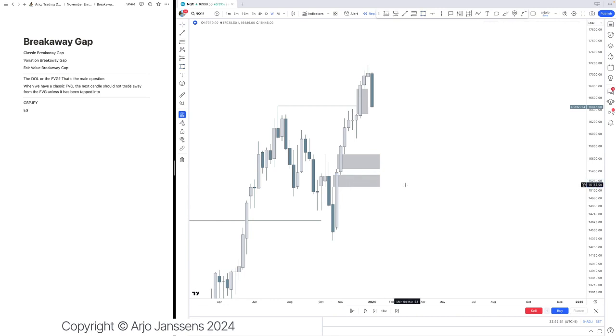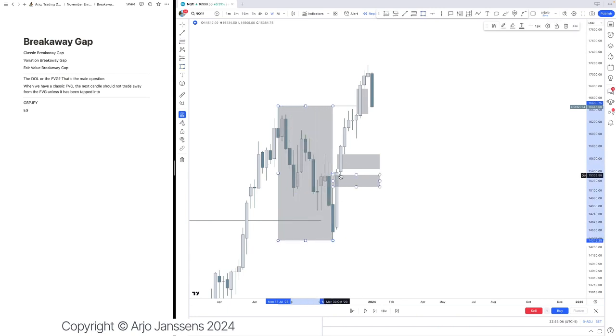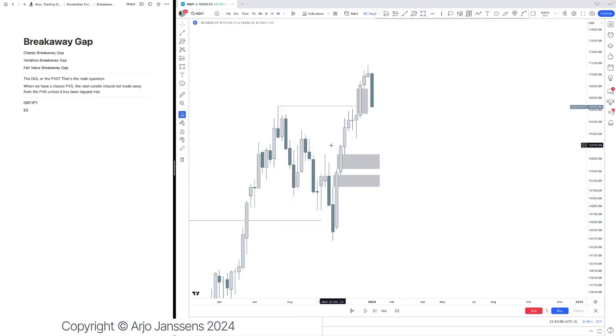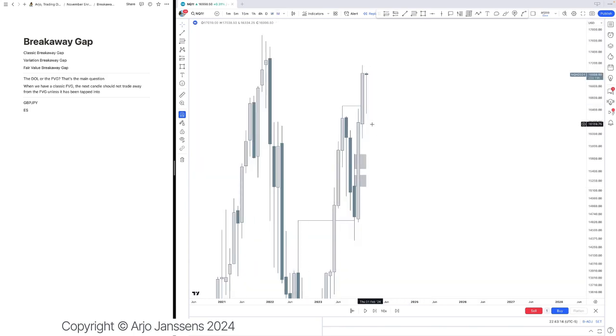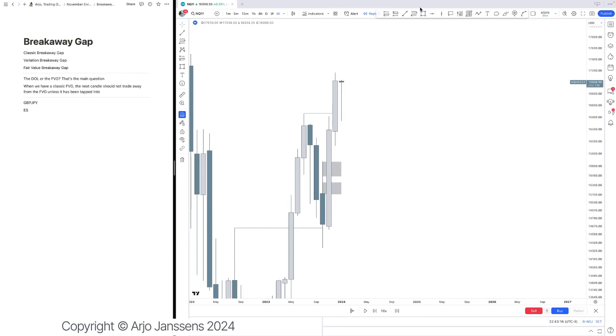Even if those were fair value gaps and they did not get traded back into before we reached the drawn liquidity right there, then at this moment in time, once we have this fair value area right there, these two lowest fair value gaps are still breakaway gaps, and we are not expecting a retracement back into those fair value gaps unless we have potentially a month fair value gap right there, which we can also see is also a breakaway gap right there.